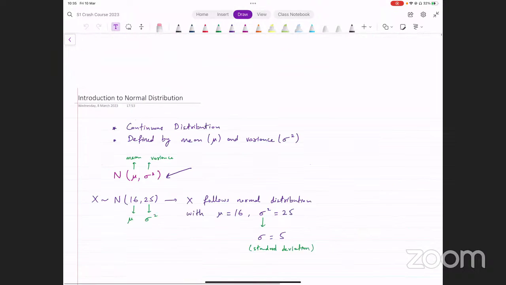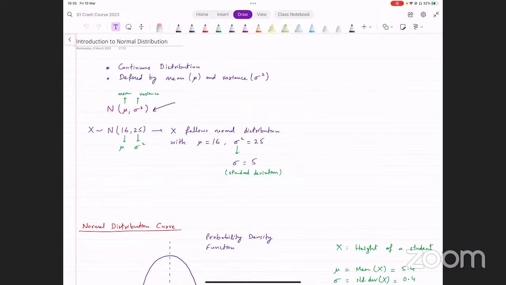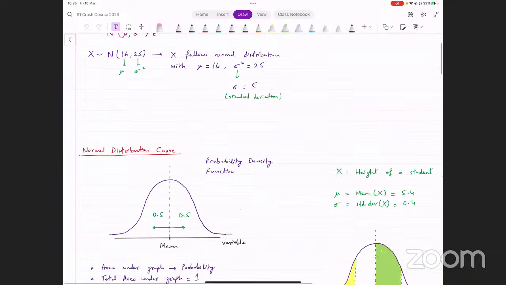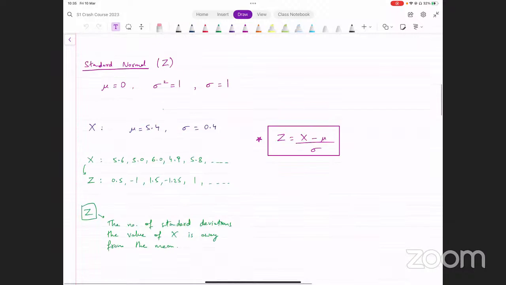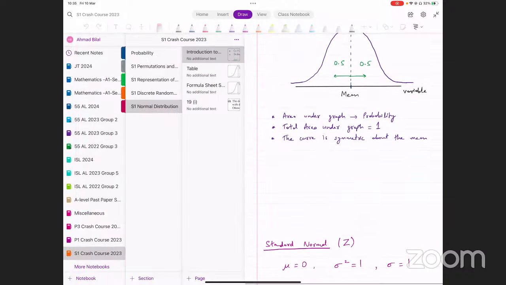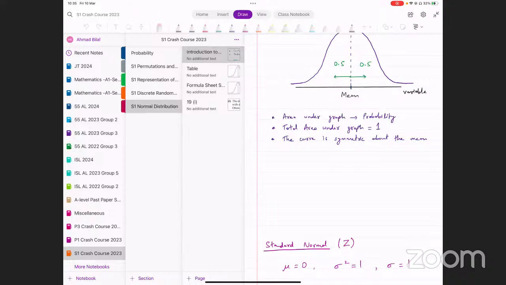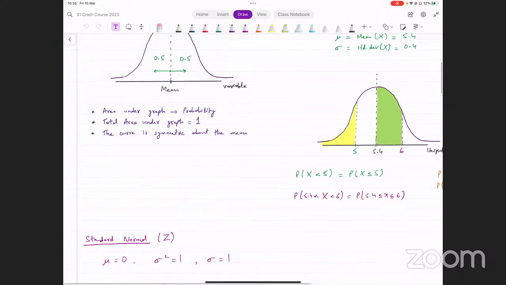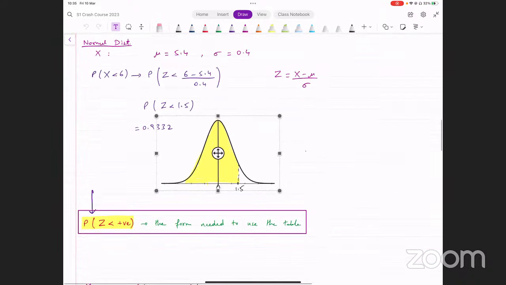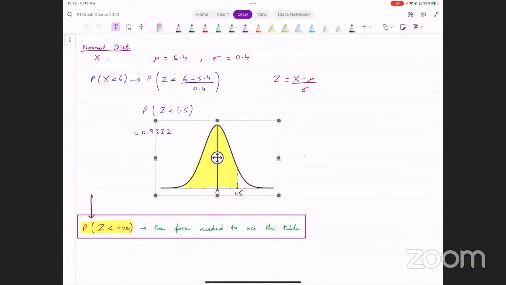All right, let's begin. So we started normal distribution a couple of days ago, and we talked about some basics. In the last session, we discussed how to find probabilities using the table given that a variable follows normal distribution.